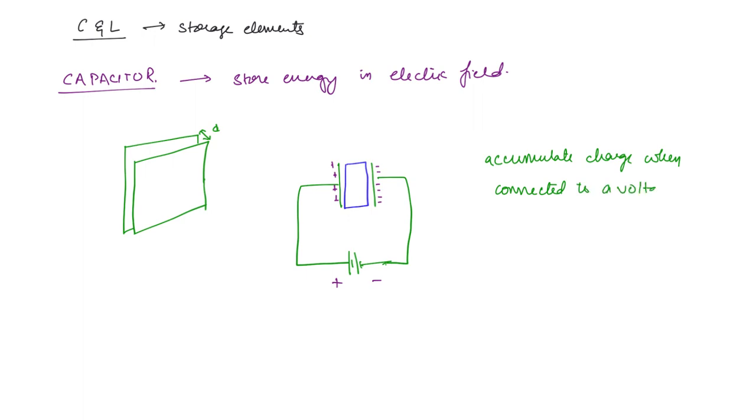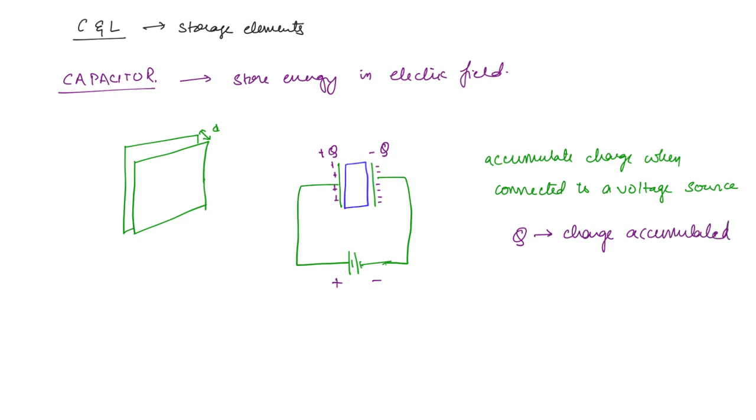Now let us say the charge that is accumulated on the positive polarity be plus Q, and on the negative plate it will be the same amount of charge but with a negative sign. So we say that Q is the charge accumulated on the capacitor.